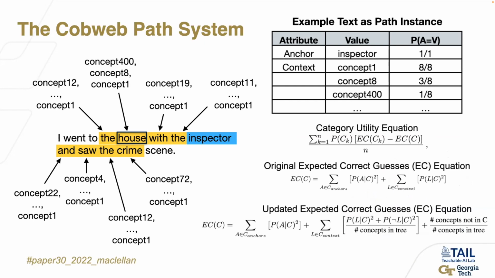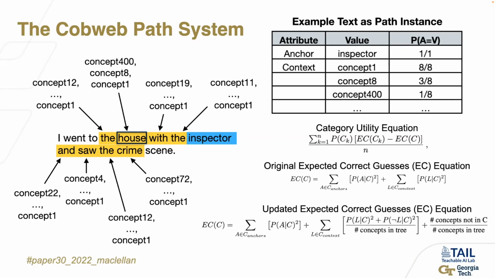I was mentioning that our values no longer produce a valid probability distribution. To deal with that, we updated the category utility equation to account for all the concept labels in the path that we're tracking. Category utility is computed over a decomposition of a concept into its children concepts, and it's basically measuring how many attribute values we could correctly guess in the children over the parents.